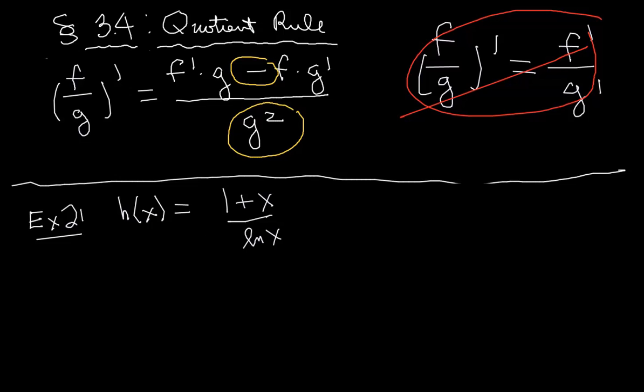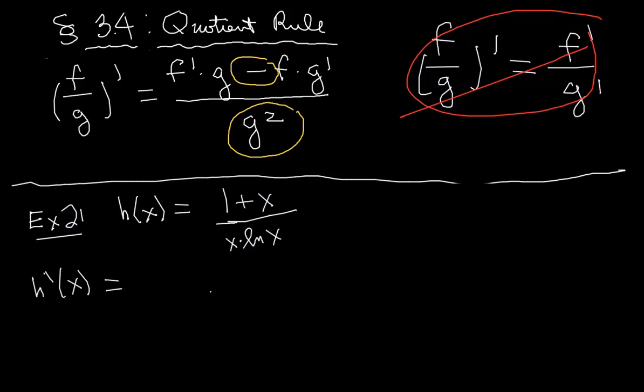Obviously the top function is 1 plus x, the bottom is ln x. Well, in fact, let's put x ln x on the bottom, just so we can combine a product rule and a quotient rule together, and you'll see how this is going to work out.